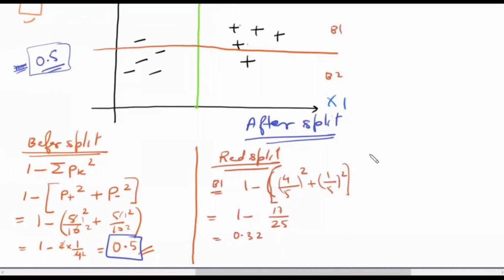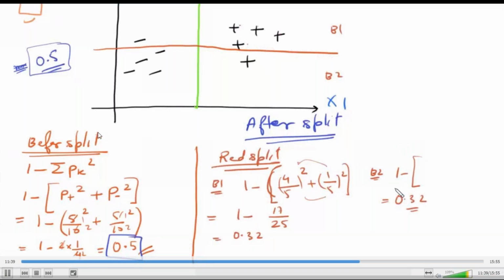Similarly, I will calculate the Gini index in bucket 2. I have 1 plus and 1, 2, 3, 4 minus. This is similar, so I'll get a similar answer because the proportions interchange here. So I think I'll get the same answer here, 0.32. So this is the Gini index in bucket 1 after the red split, and this is the Gini index in bucket 2 after the red split.